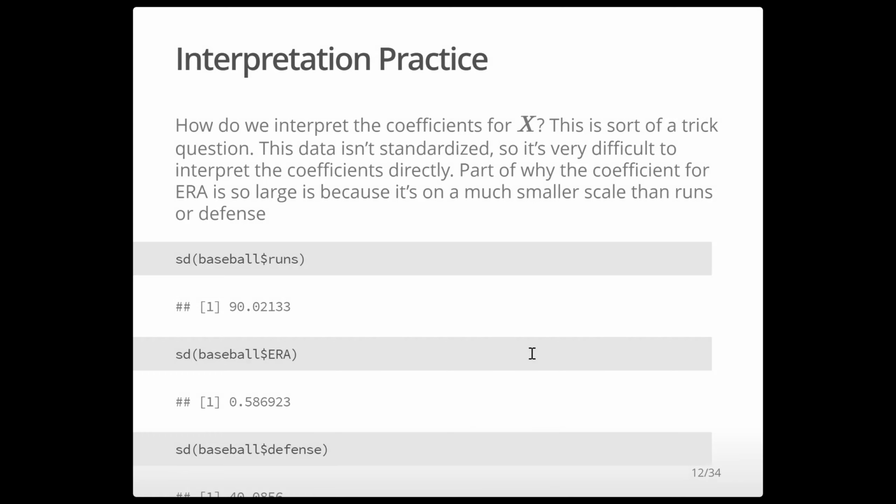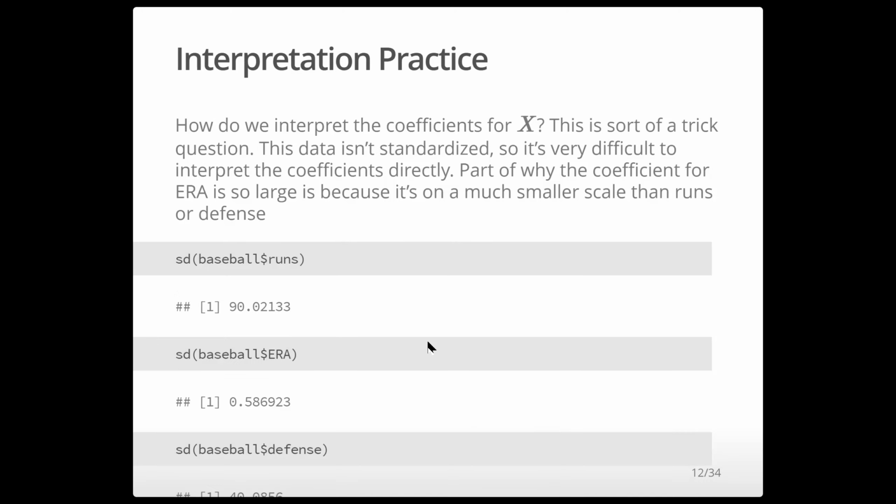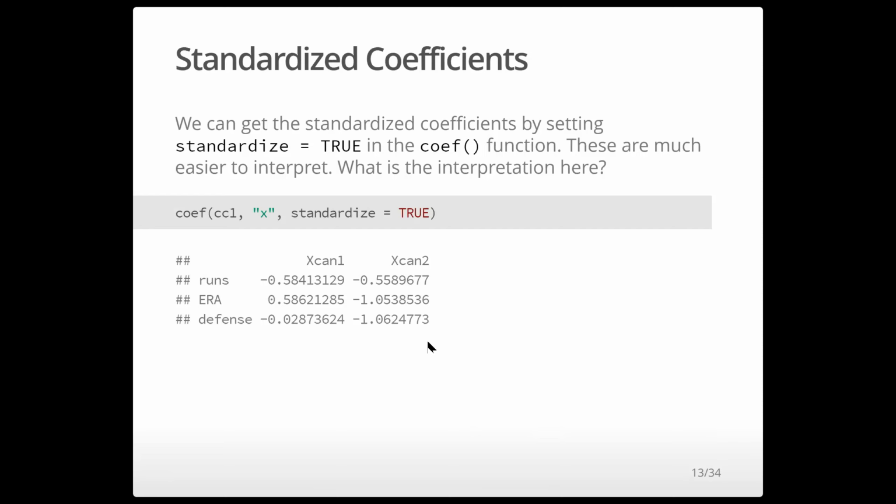Part of why the coefficient for ERA is so large is because it's on a much smaller scale than runs or defense. Defense is a little cut off here, but the standard deviation is about 40. It's about 90 for runs, but it's only about 0.59 for ERA. So that's why these coefficients are on completely different scales from one another. So they're a little bit difficult to compare directly.